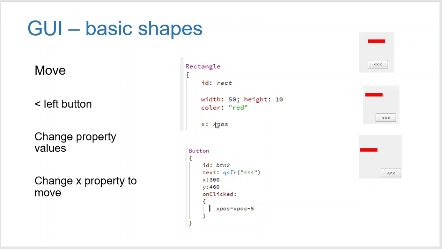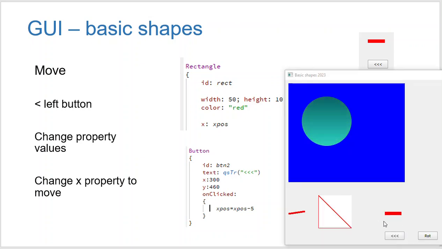So moving those shapes is easy, because if you remember, there was that property x, which means the position of that object. If we type some variable for that, and we change the variable value, then the position of the shape moves. Here it has been defined that this x is dependent on this variable xpos, and with this button we can change the variable value, and then it will move our object.